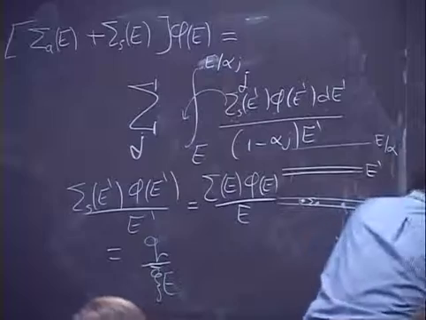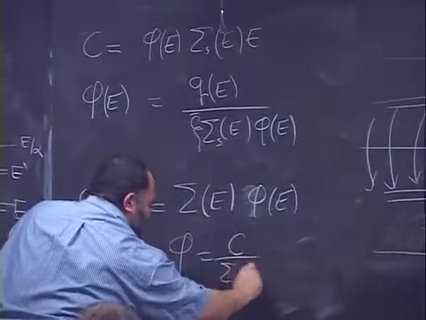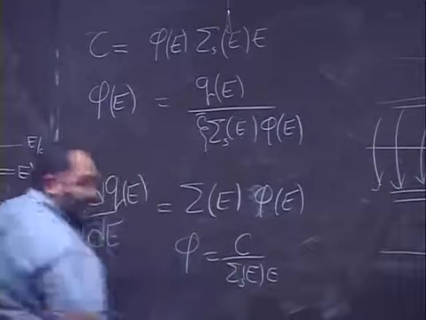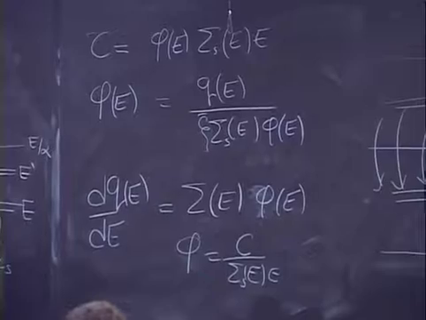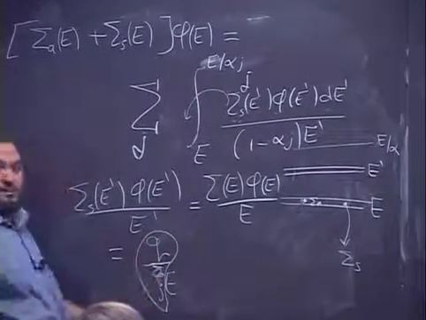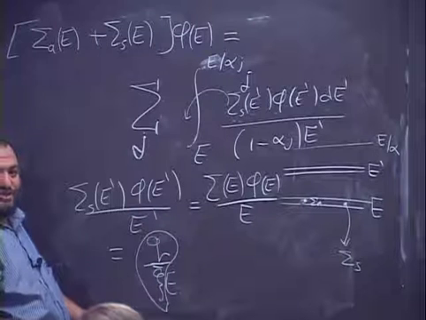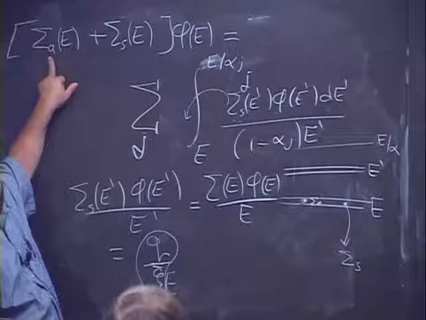The previous case was flux equal to C over sigma scattering of E multiplied by E. So I defined the constant C to be Q over zeta average, and I added the absorption from the weak absorption.